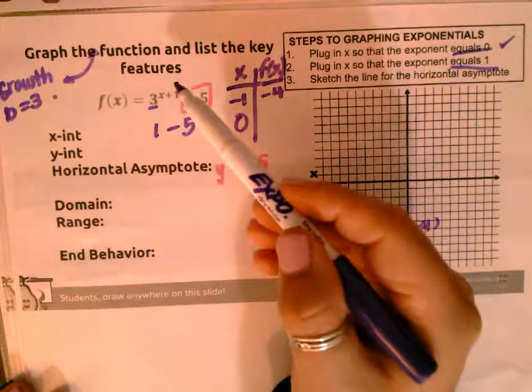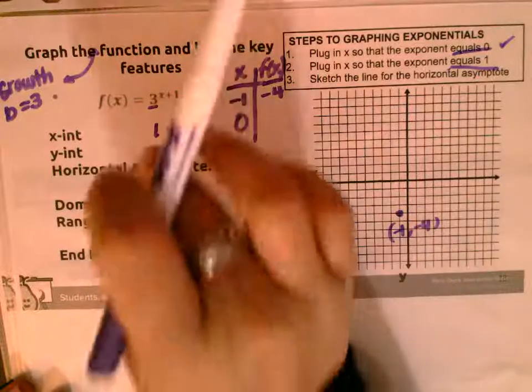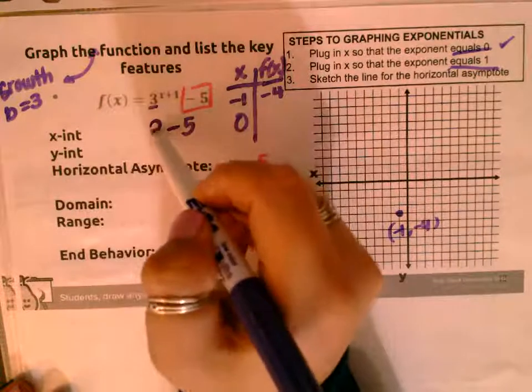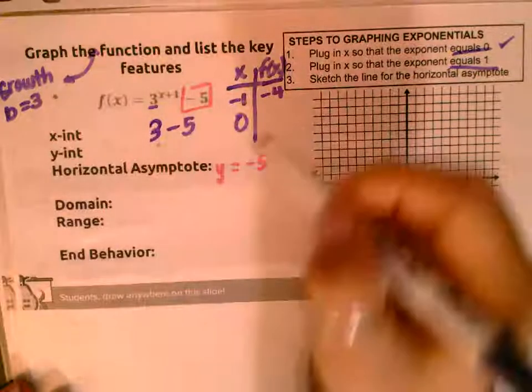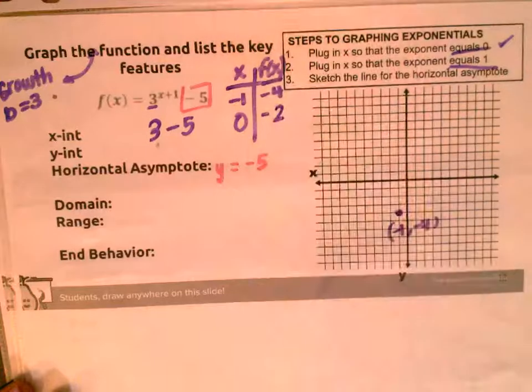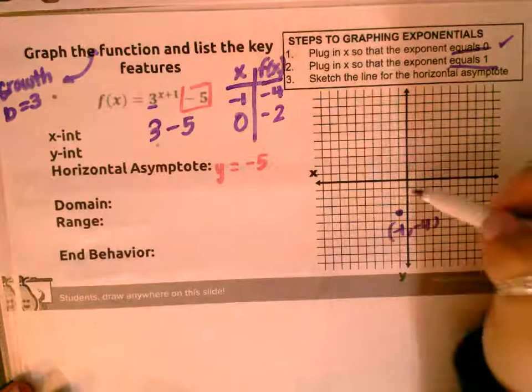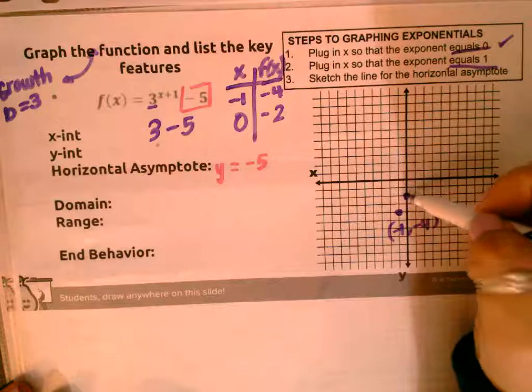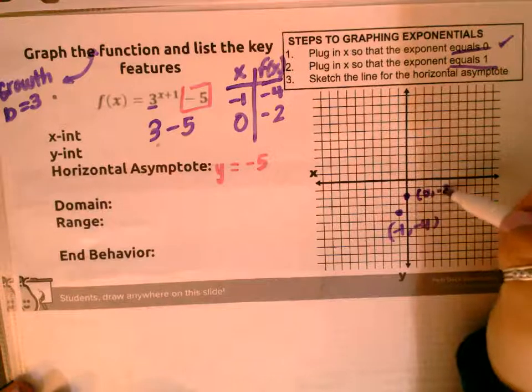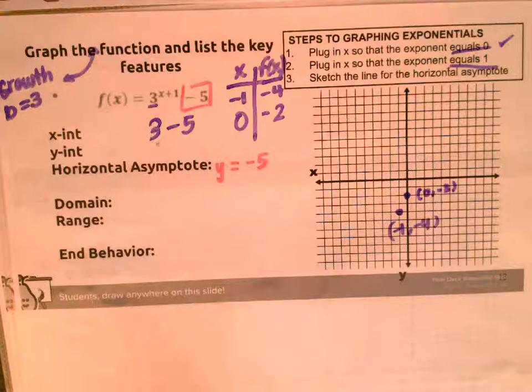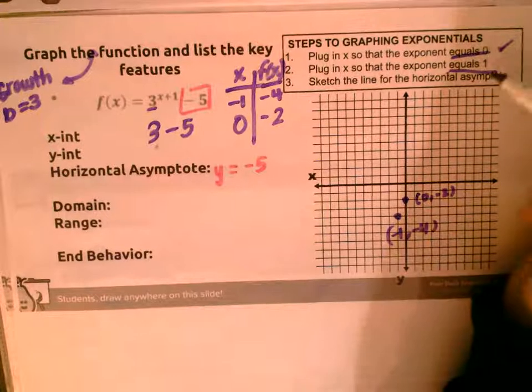So 3 to the first power is 3. 3 minus 5 gives me negative 2. So I have the point at 0, negative 2. Here's negative 1, negative 2. Check.